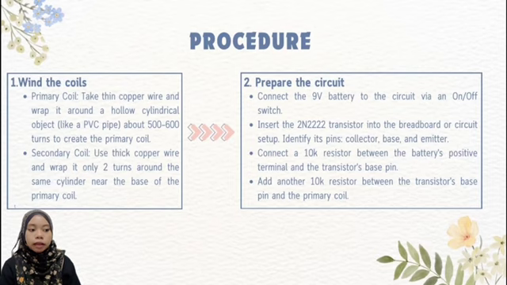Okay, so connect the 9-volt battery to the circuit via an on or off switch, and then insert the 2N222 transistor into the breadboard or circuit setup. Identify its pins, collector, base, and emitter, and then connect a 10k resistor between the battery's positive terminal and the transistor base pin, and then add another 10k resistor between the transistor's base pin and the primary coil.